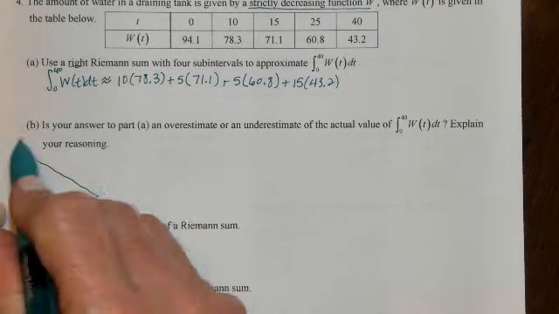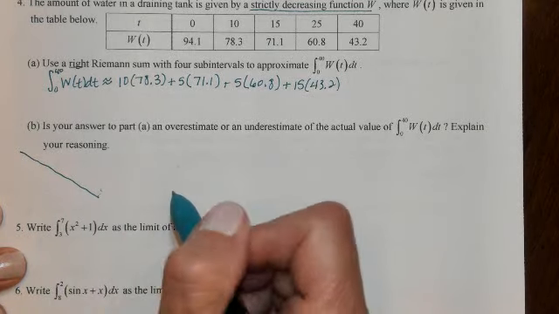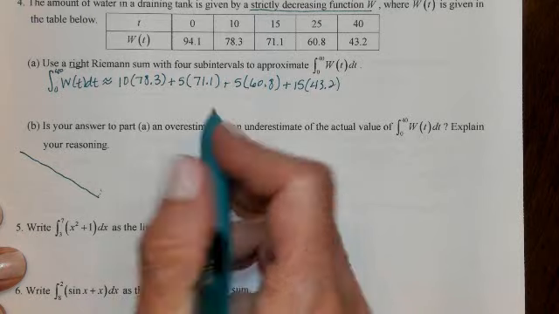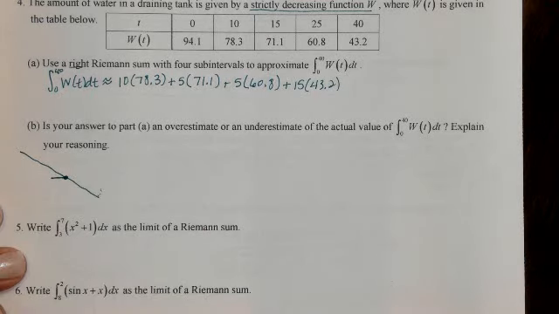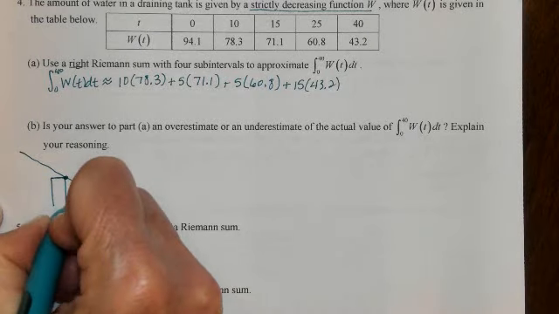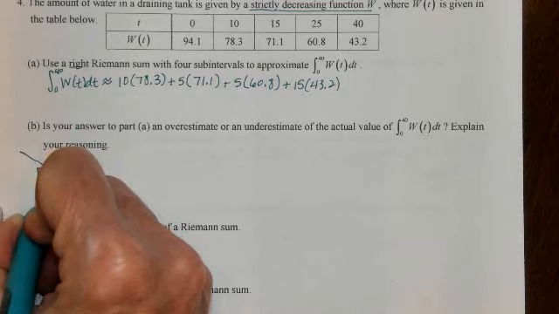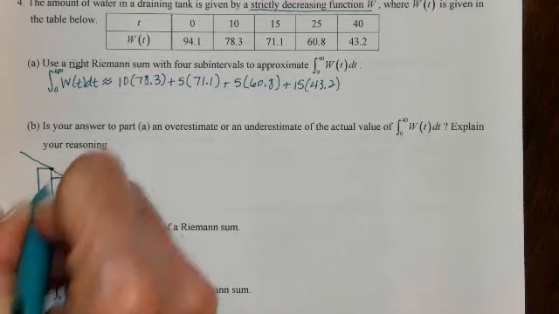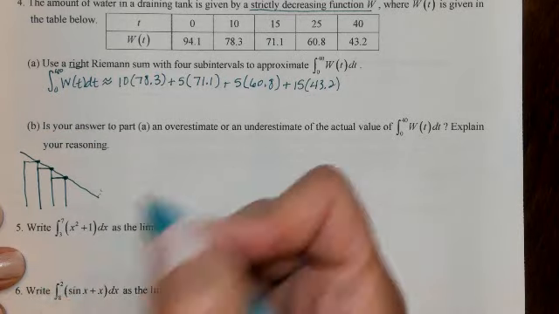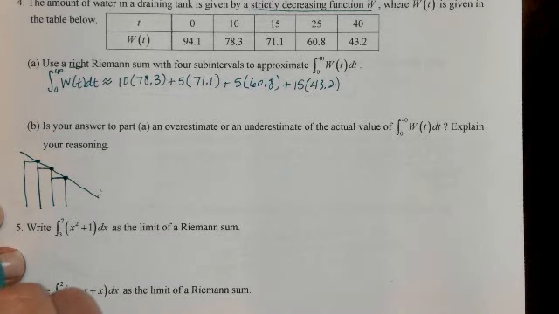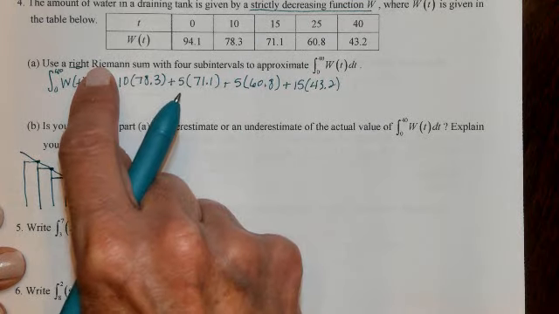So there's a decreasing function, and we used a right Riemann sum. A right Riemann sum uses the right side as the height, doesn't it? Do you agree? So every rectangle will be below the curve here. Why? Because it's decreasing, and we used a right Riemann sum.